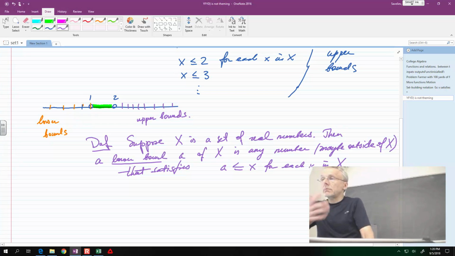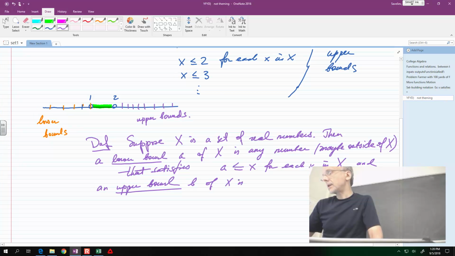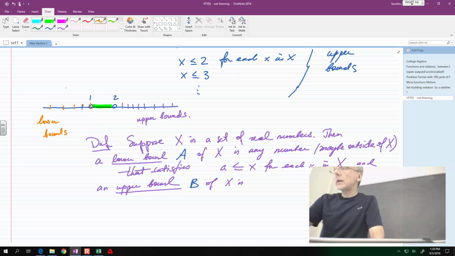Once again, the picture tells you what's going on. And an upper bound B of X is any number, how about I use capitals here, so A and B. These are A's, lower bounds, and these are B's, upper bounds.